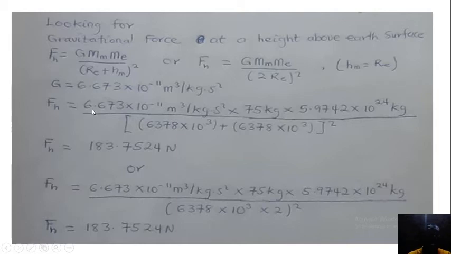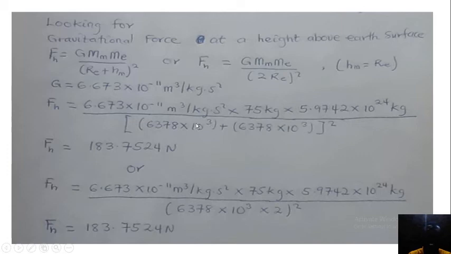F_h equals the universal gravitational constant, whose value is 6.673 times 10 exponent -11, times the mass of the man, 75 kilogram, times the mass of the Earth, 5.9742 times 10 exponent 24 kilogram, all over the radius of the Earth, which is 6,378 times 10 exponent 3, plus the elevation of the man, 6,378 times 10 exponent 3, all squared.